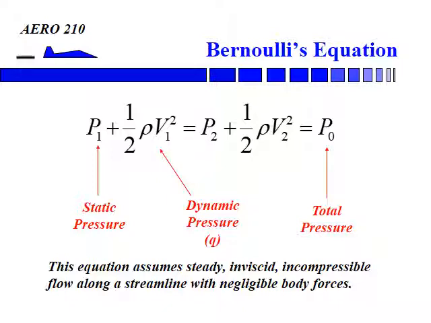Using Bernoulli's equation, we can relate the static pressure at one point on a streamline to another point by knowing the velocity difference, or vice versa. By knowing the pressure difference, we can determine what the velocity difference is. And recall that this equation assumes steady, inviscid, incompressible flow along a streamline with negligible body forces.